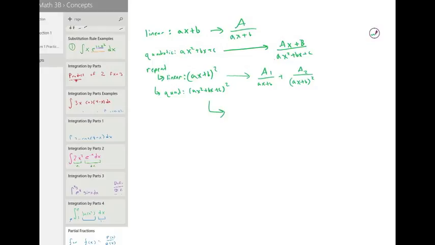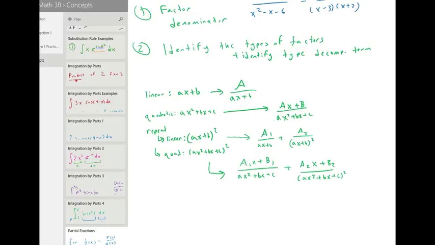If that doesn't make sense, I'll show you in the example video how that works. And then for quadratic, we're going to have a1x plus b1 over our quadratic factor, plus a2x plus capital B2 over our quadratic factor squared.